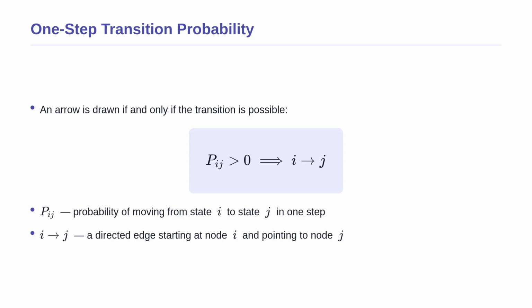If this probability is strictly greater than 0, it means the move is actually possible. The implication arrow tells us the visual consequence. We must draw a directed edge, or an arrow, starting at node i and pointing directly to node j. If the probability was 0, the move would be impossible and we simply would not draw that arrow.